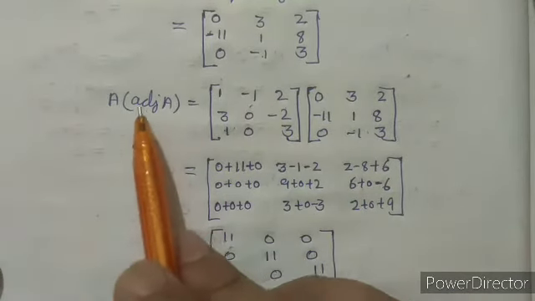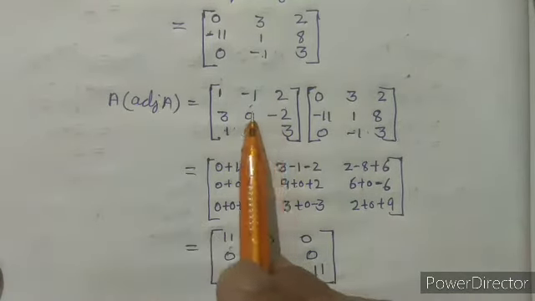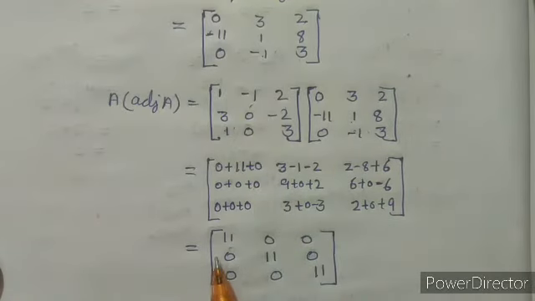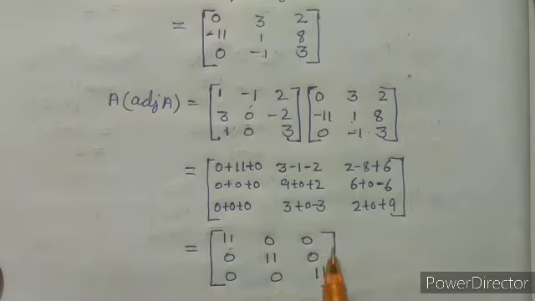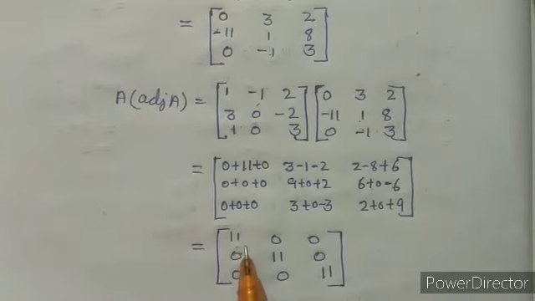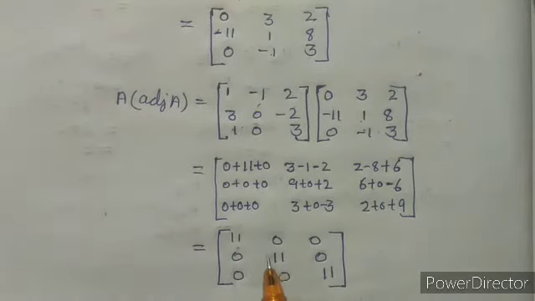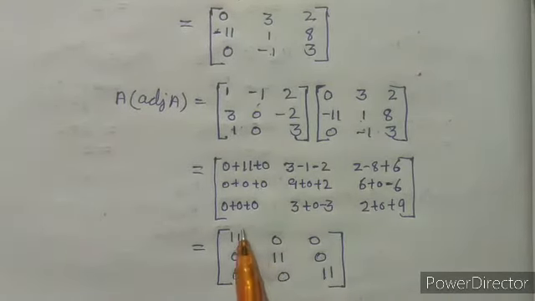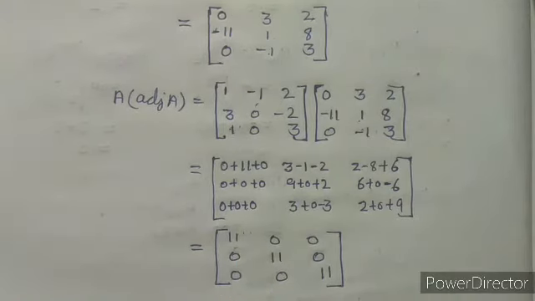Now on multiplying A into adjoint A, we get a matrix whose diagonal elements are equal to 11 and other elements are equal to 0. That means we are getting a scalar matrix with diagonal elements equal to 11.